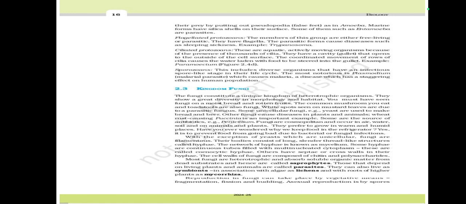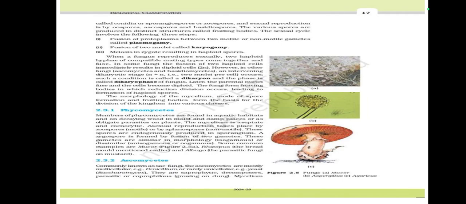Reproduction in fungi may take place by vegetative means: fragmentation, fission, and budding. Asexual reproduction is by spores called conidia, sporangiospores, or zoospores, and sexual reproduction is by oospores, ascospores, and basidiospores.